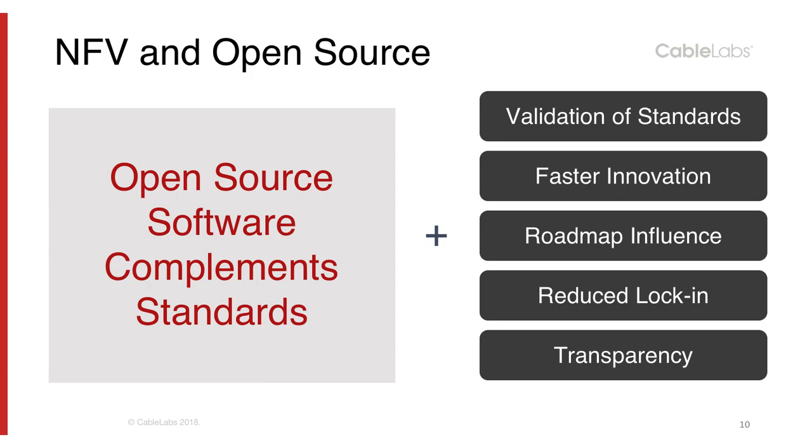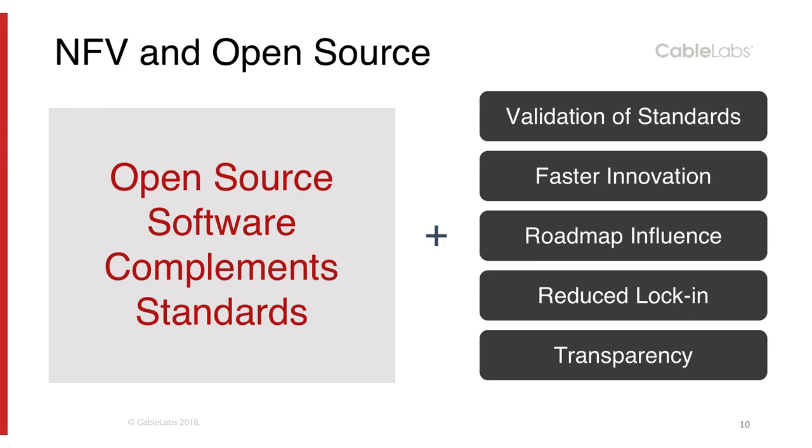Open source communities typically innovate at a rate faster than proprietary software, and it also allows for just about anybody to get involved, including the operator. So if an operator sees that a certain feature is not moving quickly enough, they can just jump in and start working on it.